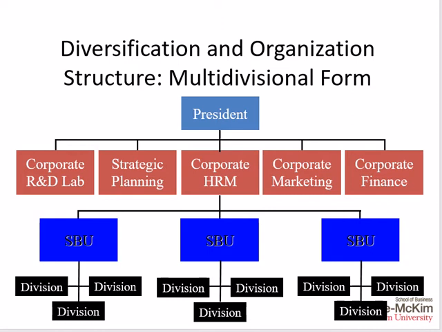If I need my SBUs to cooperate with each other, I'm going to use tools and mechanisms to force them to cooperate or to get them to cooperate through incentives. However, if I do not need them to work together, I may foster competition to try to make them as efficient and as productive as possible. Now, the multi-divisional form tends to be the most popular, but there are also some issues with it and some benefits from it.